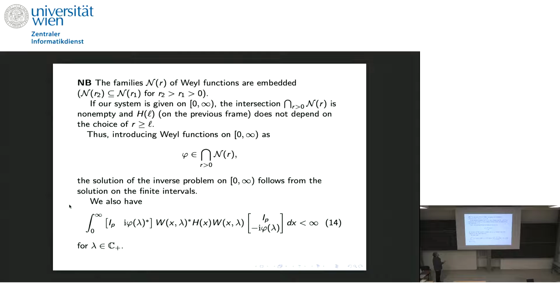H of L does not depend on the choice of R. And introducing Weyl functions as functions belonging to the intersections of N of R, we derive the solution of the inverse problem on the semi-axis from the solution of the inverse problem on the intervals.